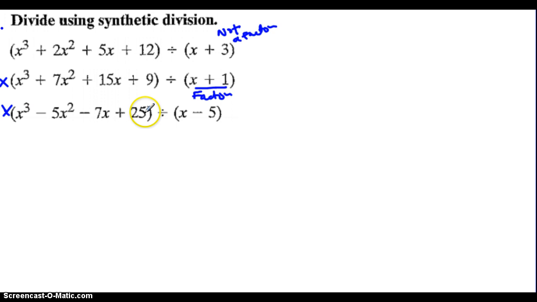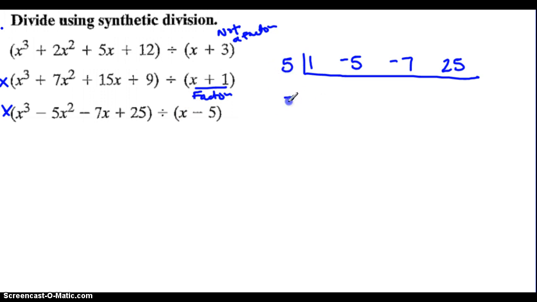Okay, my last example, synthetic division. I'm going to write down all my coefficients. So 1, negative 5, you have to make sure you keep the negative with it, negative 7, 25. Then I write my 0. My 0 in this case is a positive 5. I'm going to add. So 1 plus 0 is 1.